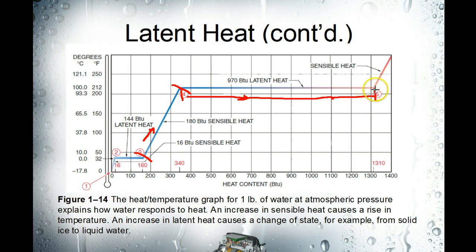And if we had it in an enclosed and captured vessel and we continued to add heat, then that steam would become superheated and it would gain more sensible heat. Really important. This part from here to here on the chart, and from this point to this point, and all the way up here into this sensible heat range, that is where we are going to talk about refrigeration in the future. So when we're down from here to here is what you really need to understand.